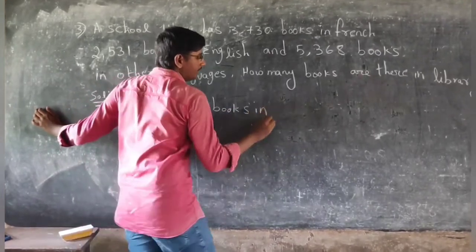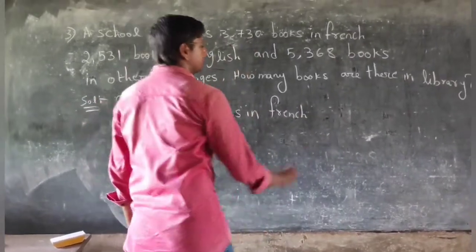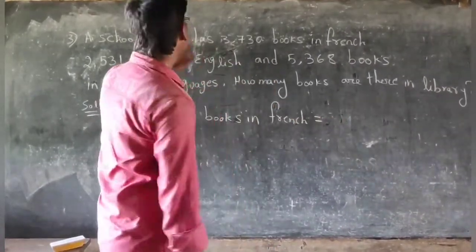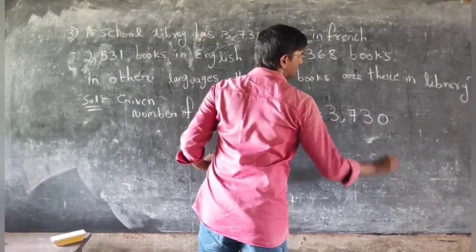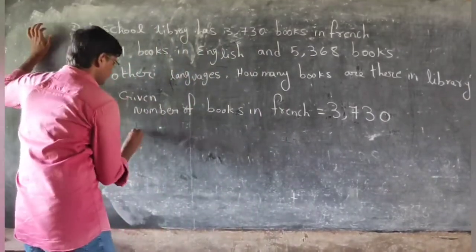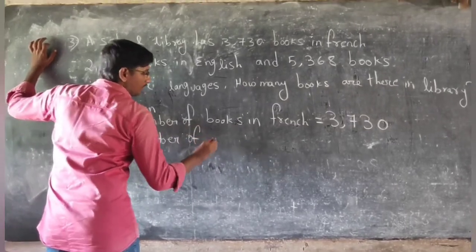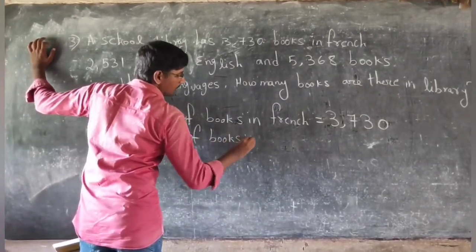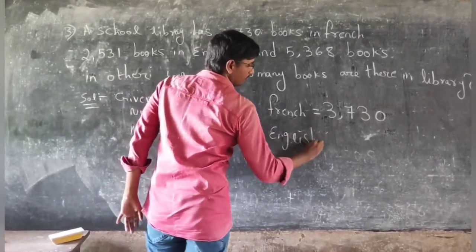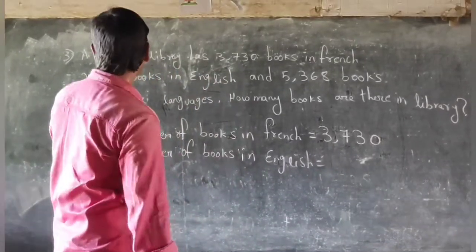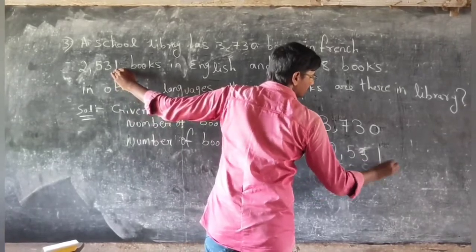Number of books in French is equal to 3,730. Okay, next one. Number of books in English is equal to 2,531.